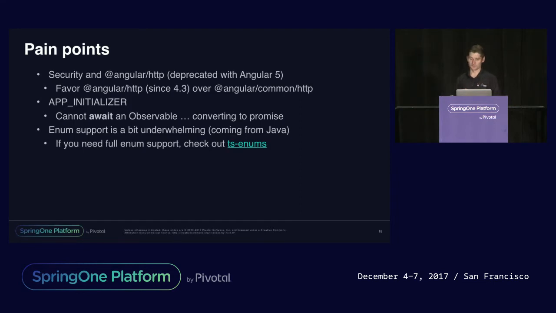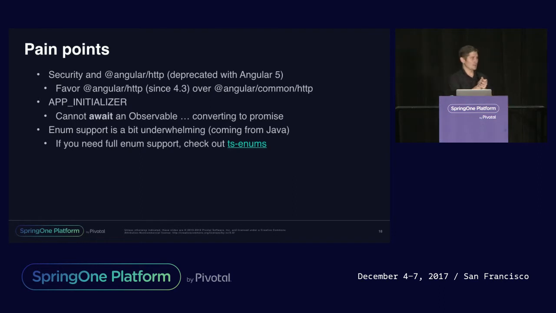That was really painful to make work with the new HTTP library. We got it to work, but ultimately it got deprecated in Angular 5. So there's a new HTTP library that came out in 4.3 that you should probably use instead.